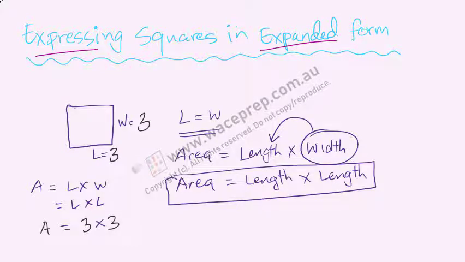Now doesn't matter what number we put in, we can put any number in as the length of the square. Let's put 11 as the length and the width, and the area is also going to be 11 times 11, and this is known as the expanded form of square.